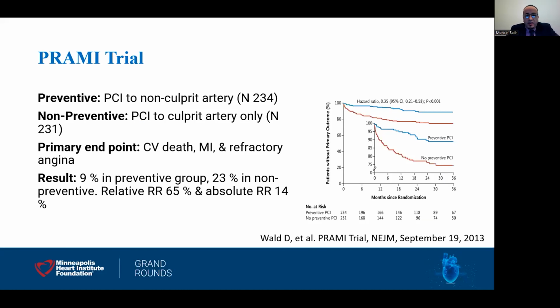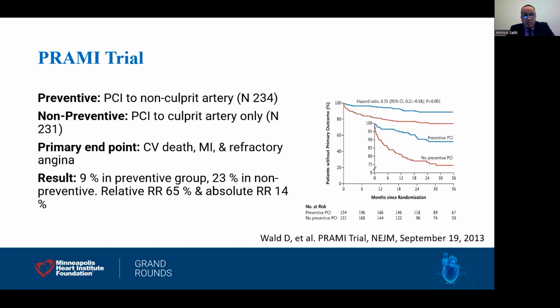So the trial that came was the PRAMI trial, comparing culprit-only PCI for the culprit lesion in patients presenting with STEMI, against the other arm where they treat everything, the complete revascularization.